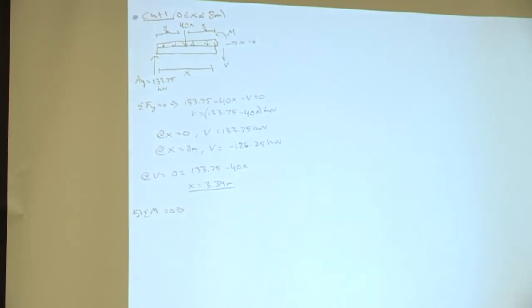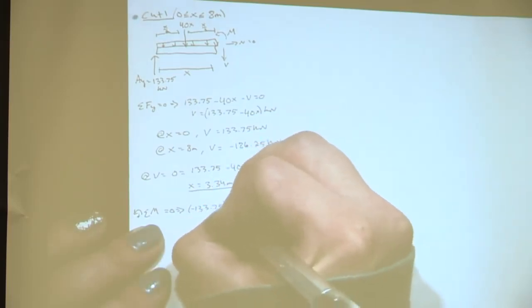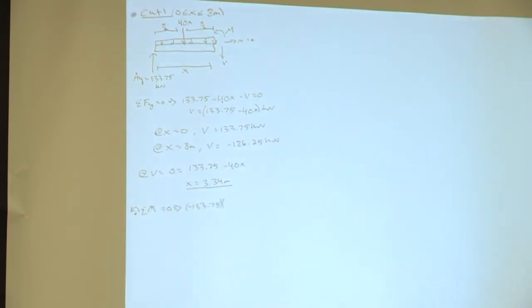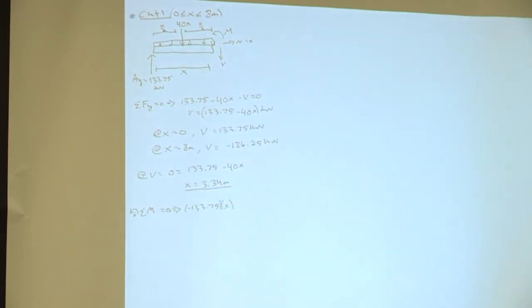Okay, so what should our equation be? AY, and will that be positive or negative? Negative. So we have negative 133.75, and then what is its perpendicular distance? Awesome, so x. And then what else should we have in our equation?